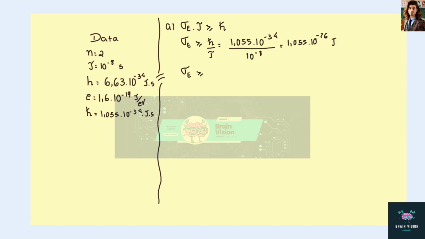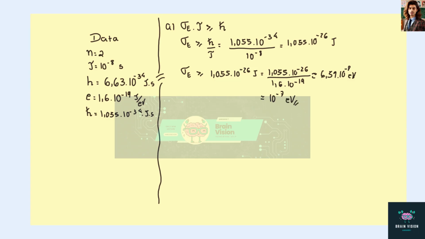The energy uncertainty is bigger than or equal to 1.055 times 10 to the minus 26 joules, or 1.055 times 10 to the minus 26 divided by 1.6 times 10 to the minus 19, which is approximately 6.59 times 10 to the minus 8 electron volts, or further approximating, this can be written as 10 to the minus 7 electron volts.